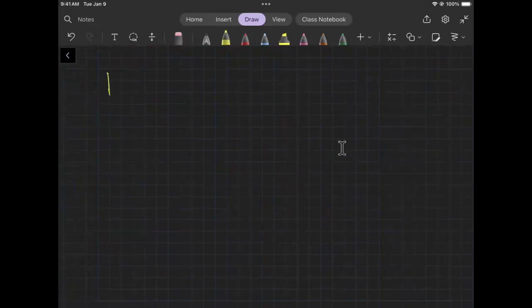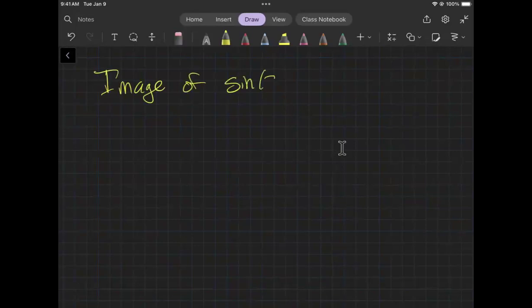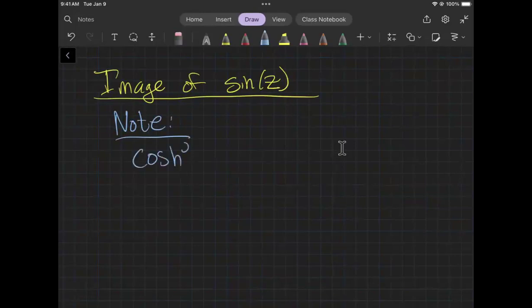So with that, let's look at the image of, let's say, sine of z. In order to do this, we're going to take note of a very famous trig identity for hyperbolic trig functions, and it's this: hyperbolic cosine squared of x minus hyperbolic sine squared of x is 1.